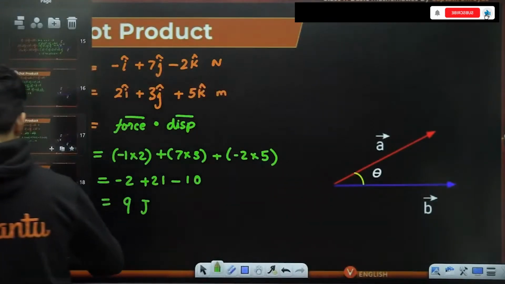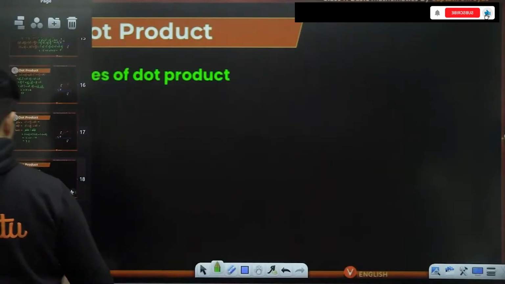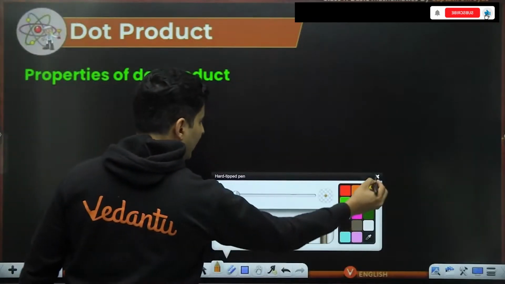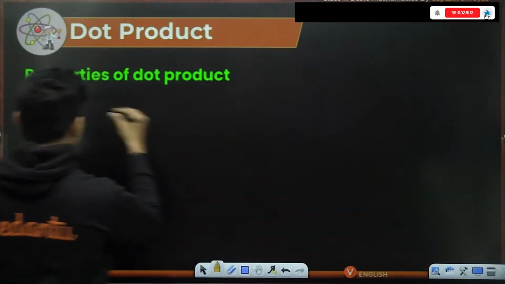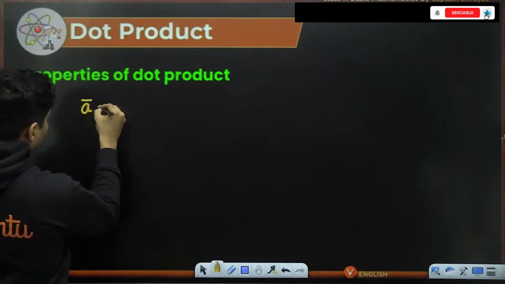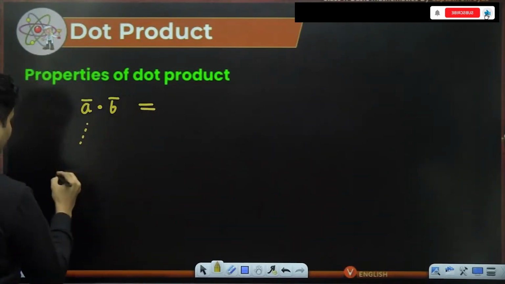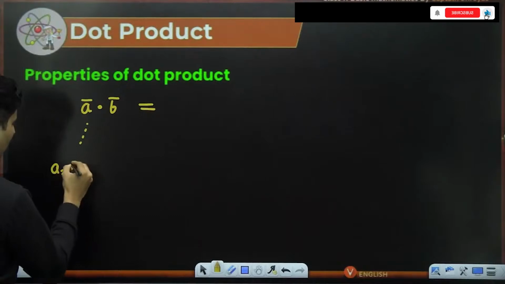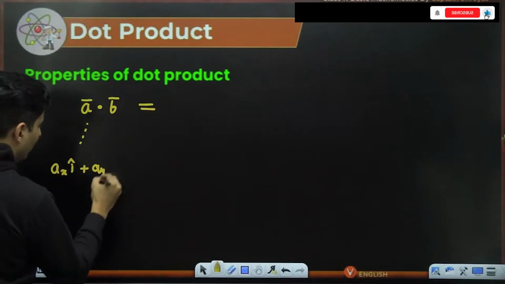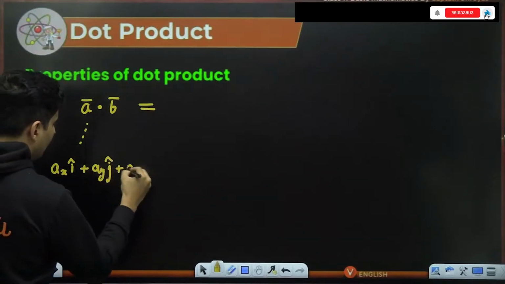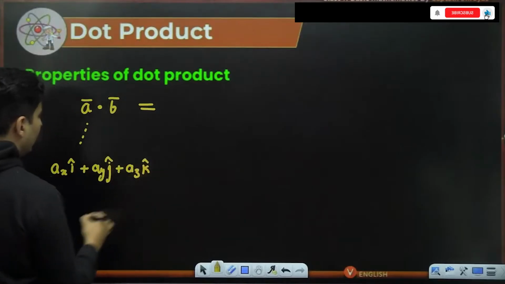So the final thing is where you can write that if you have A vector dot B vector, where your A vector is some x component, y component, and z component like this.